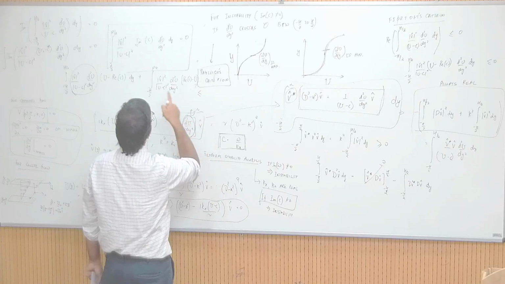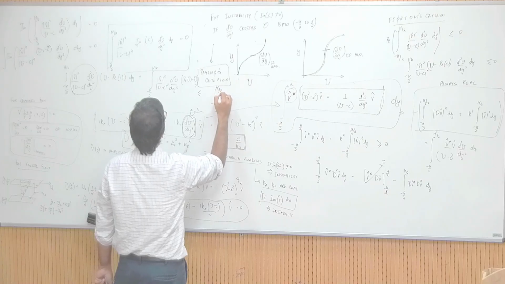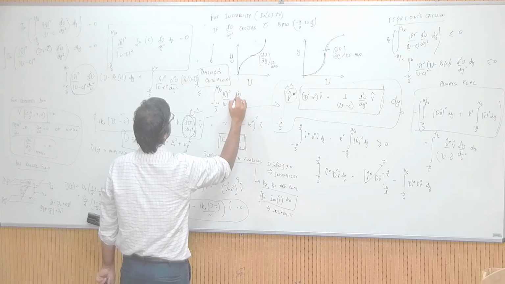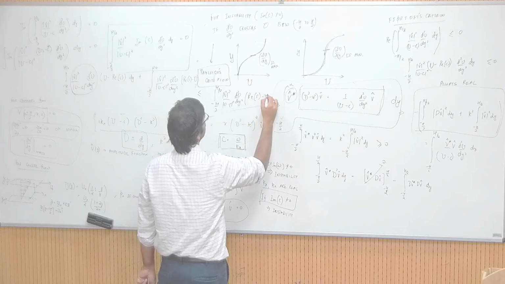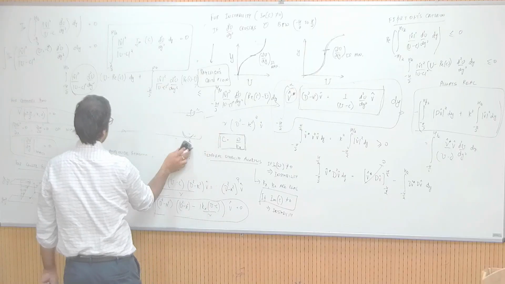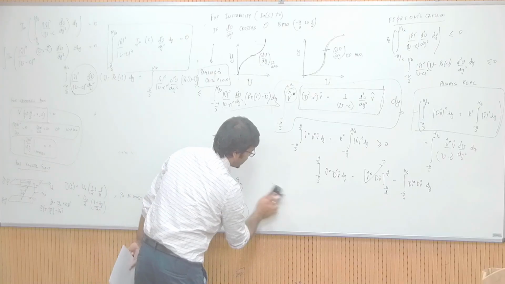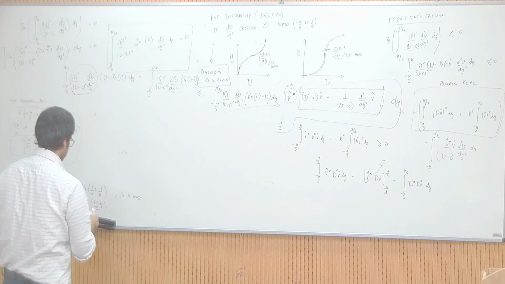So this should be less than or equal to this term, minus h by 2 to h by 2, mod v hat square by mod u minus the real part of c minus u bar dy. Let's get rid of everything else.